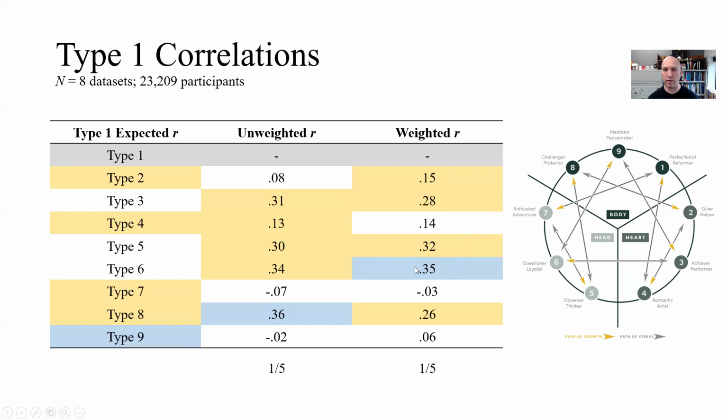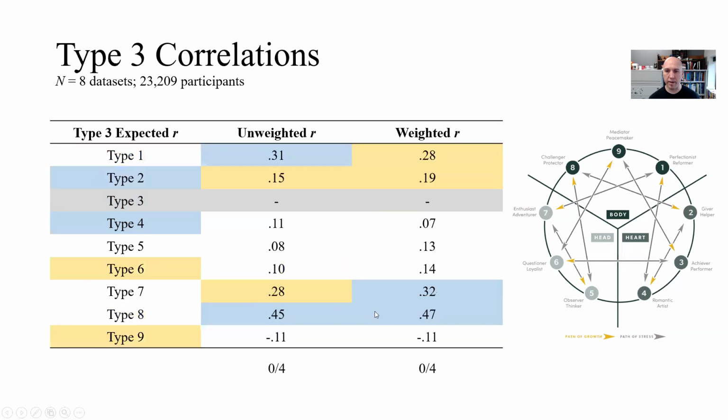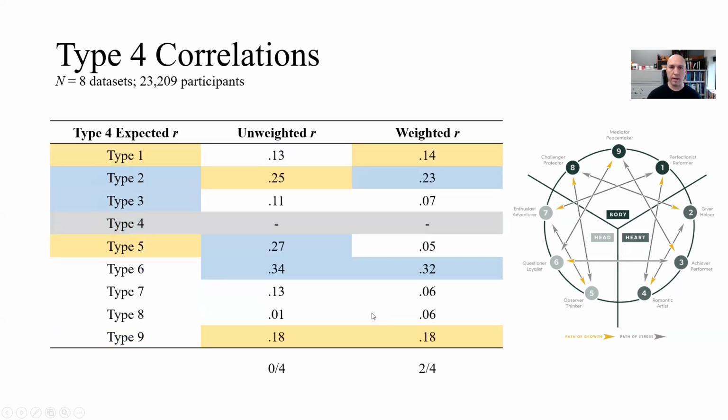So going through all the other types, with type 2, it's really only 1 out of 4 for the weighted and unweighted correlations. For the type 3s, we see 0 out of 4, so it gets every prediction wrong. Type 4 correlations, it's 0 out of 4 for the unweighted, 2 out of 4 for weighted. So it's a little better here with the weighted data set.